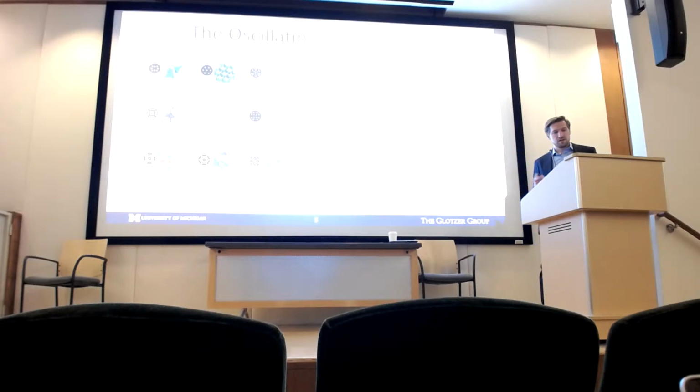However, this work kind of inspired me to think about using this kind of model for inverse design, trying to target a specific structure and determining what model, what potential would we need to assemble such a structure. And so optimizing potentials for certain target states is actually a very old problem. It's not new.